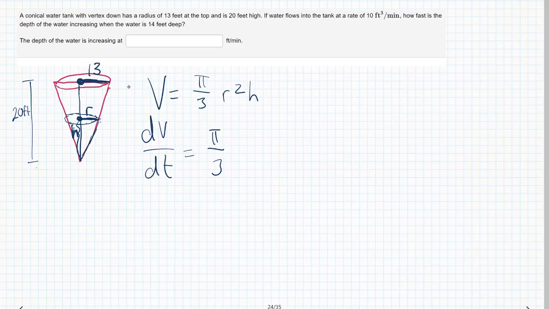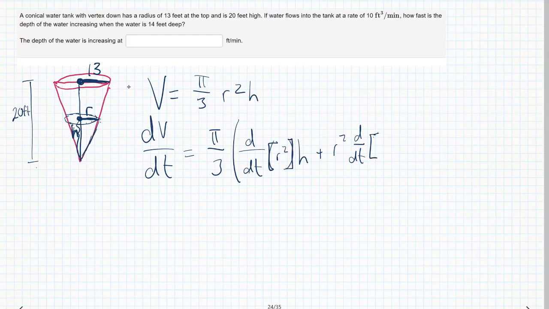But notice r squared and h are both variables, so we need to use the product rule. And so we'll go d dt of r squared times h plus r squared times d dt of h.